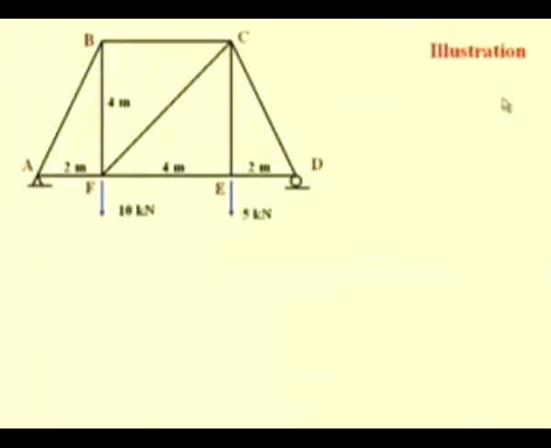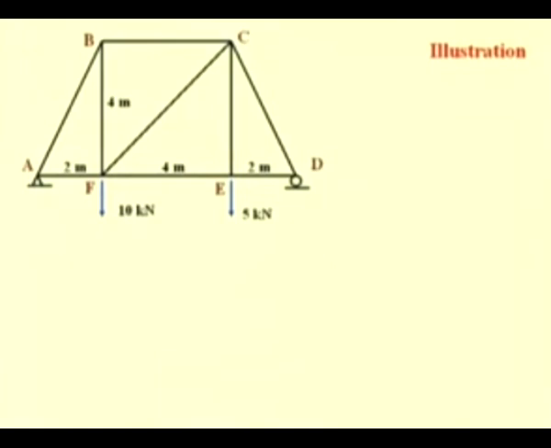Let us see an illustrated example to see how we use this method of sections for determining the internal forces in a truss. Here we have considered the same example that we used for illustrating the method of joints.